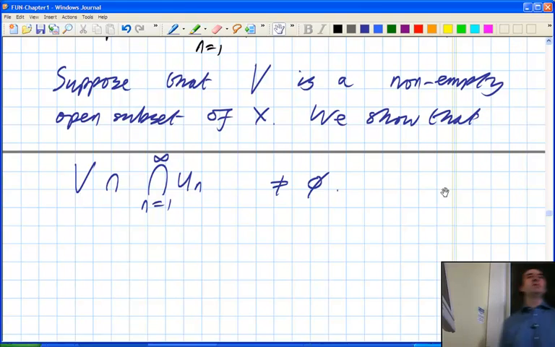How do we do this? We do this using the closed balls lemma, and what we do is we find a nested decreasing sequence of closed balls, each one of which is contained in a bit more of this.